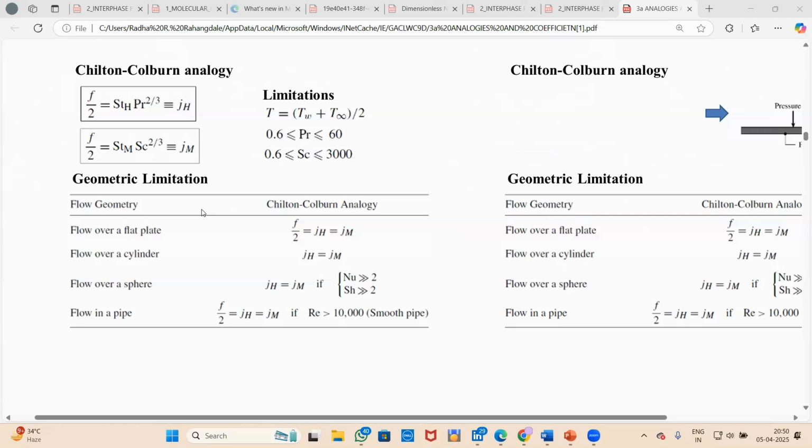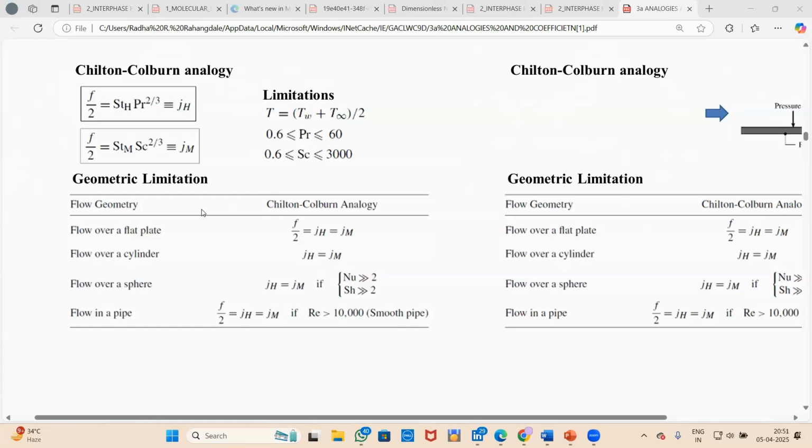But for a cylinder, the exposed area may vary, may be different. That exposed area will create the difference. That's why you can't use f/2 = JH = JM there. Got it? So that's the reason the Chilton-Colburn analogy has some geometrical limitations.